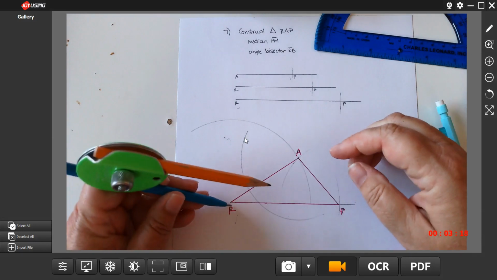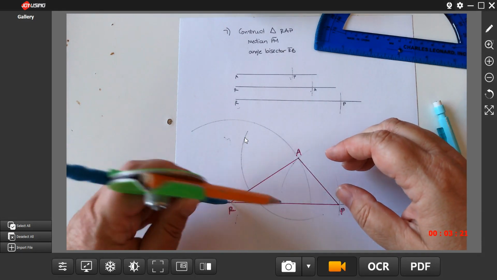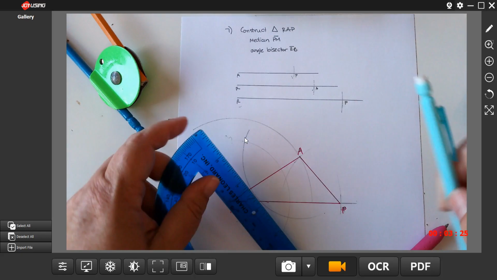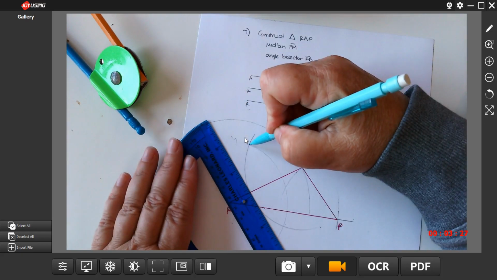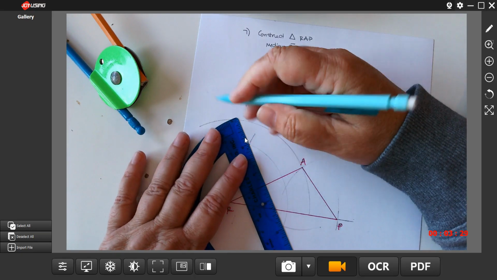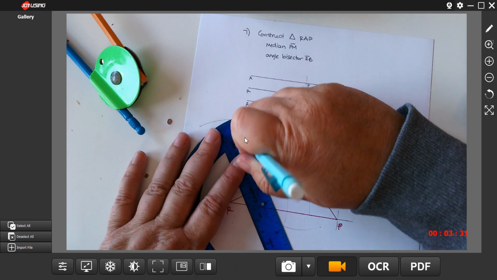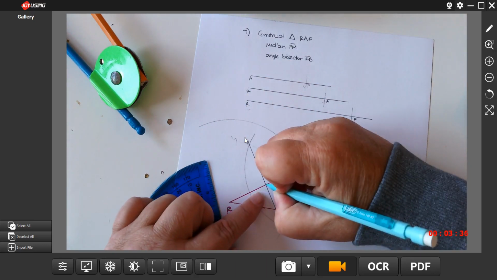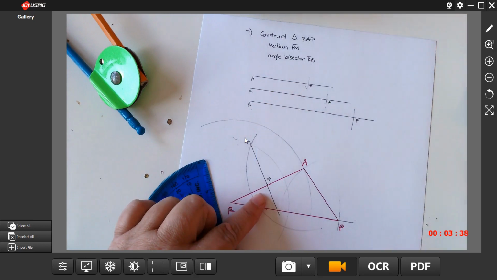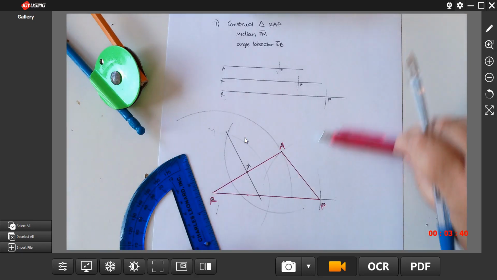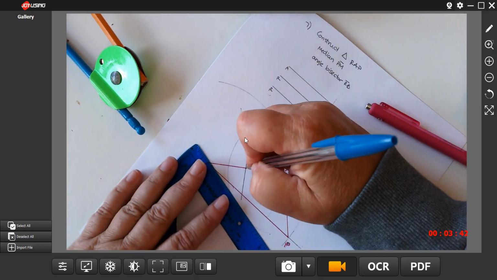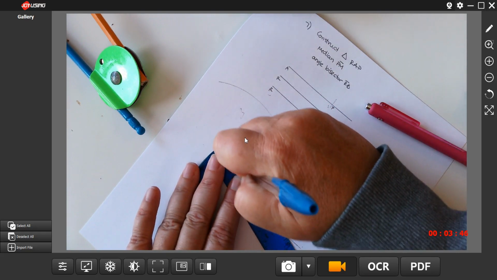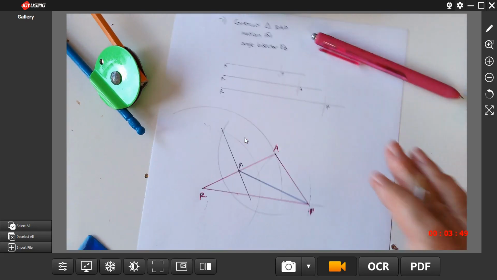Do the same thing from R. Swing my semicircle. Now remember, this just gives us the perpendicular bisector. So this right here is my midpoint. So this midpoint right here is actually M. So let me grab a different color. PM. Here is my median, and I did that in blue.